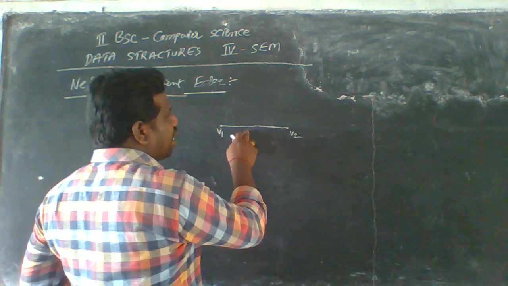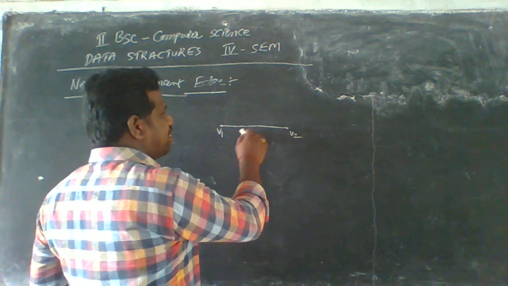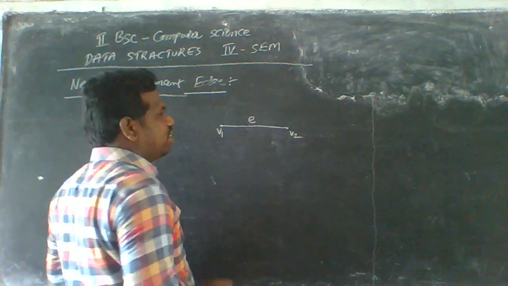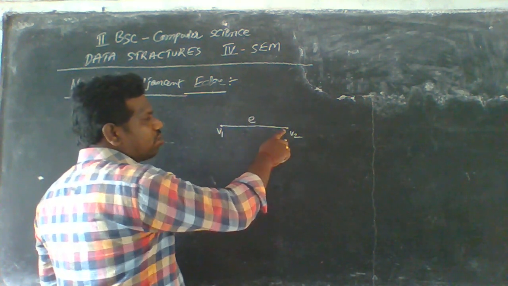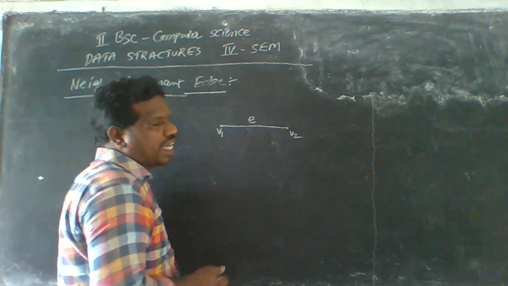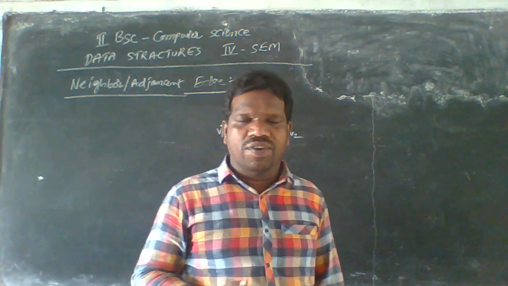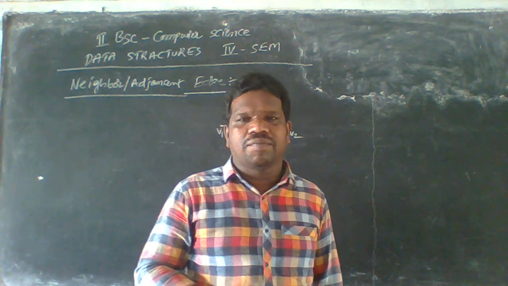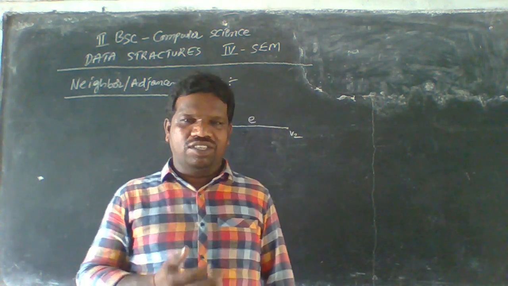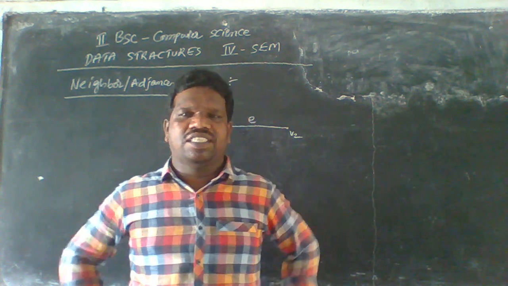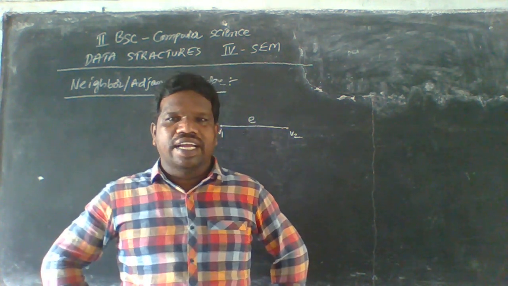Then we obtain the edge here. So this is what we call the edge. V1 and V2 are in the same graph. This is what we call neighbor nodes or neighbor edge, or neighbor or adjacent.